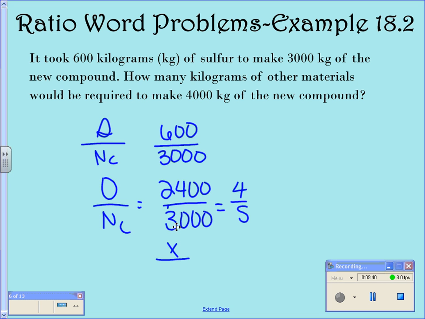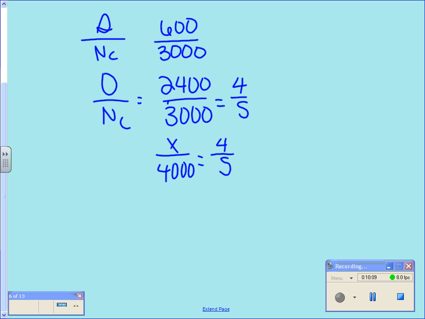X. Do you agree with that? What does X represent? The other. It's going to be your other material. Does that make sense? Other material out of 4,000 is going to be 4/5. Okay. So what would you do?